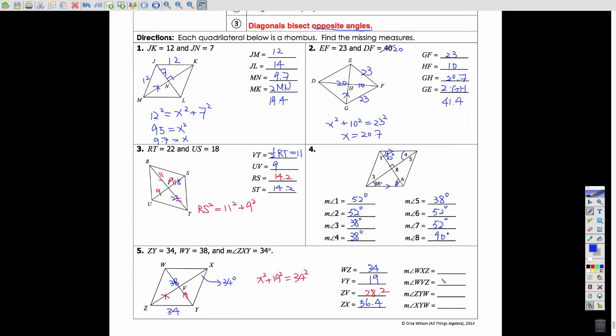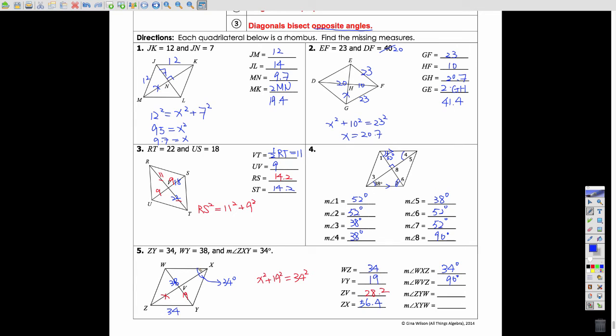Okay? Now let's look at angles. If this angle is 34, WXZ has to be, these two have to be congruent because the diagonal is an angle bisector as well. WVZ obviously is 90 degrees because that's where the diagonals intersect each other. Angle ZYW is right here, right?